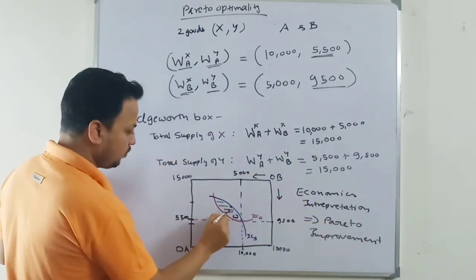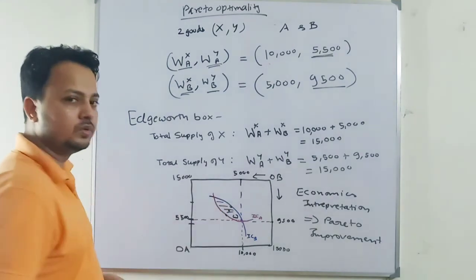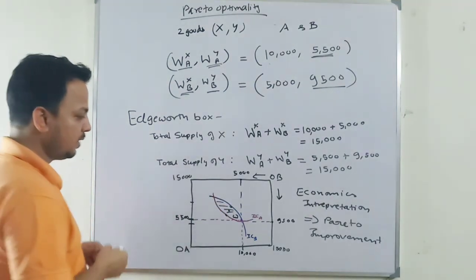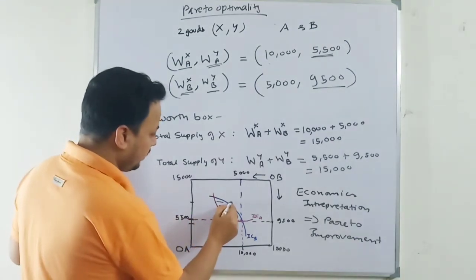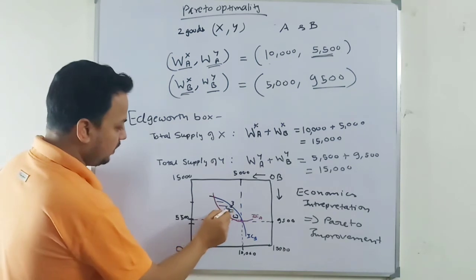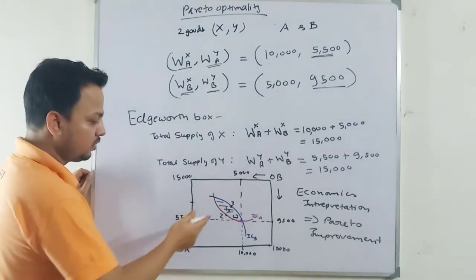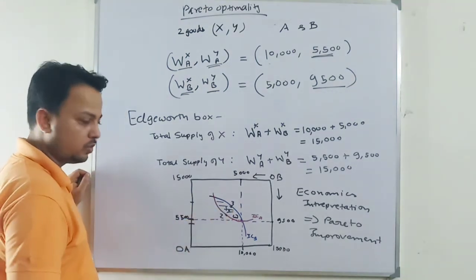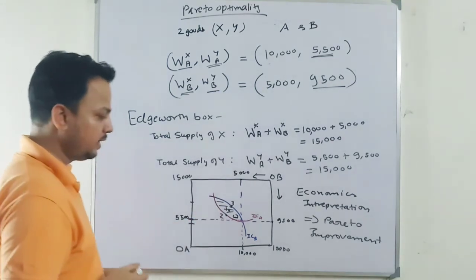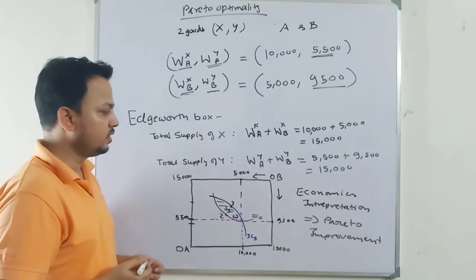I take this point and this point and show you that a Pareto improvement is possible. You just have to say: take points 3, 1, 2. At points 3 and 2, it is possible to make one consumer better off without making another worse off. At point 1, we can make both consumers better off. That's all. This is the solution of question number 3.